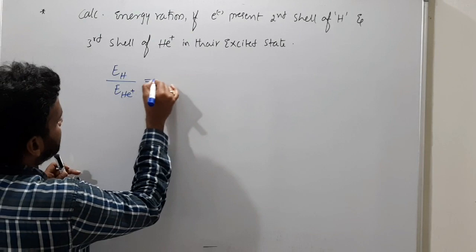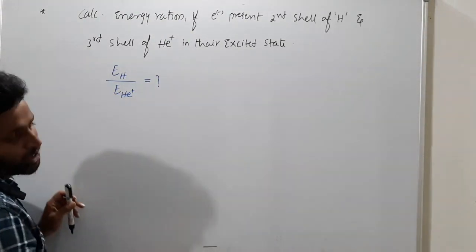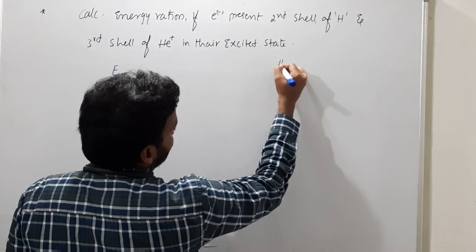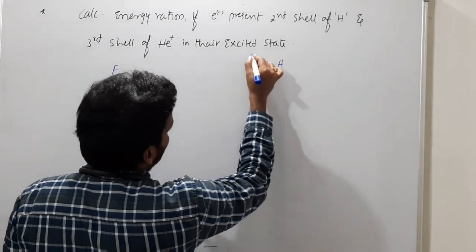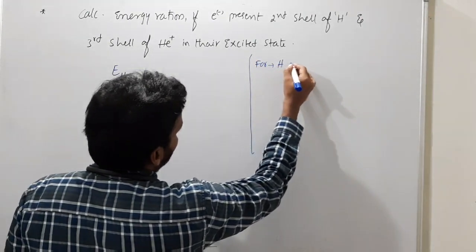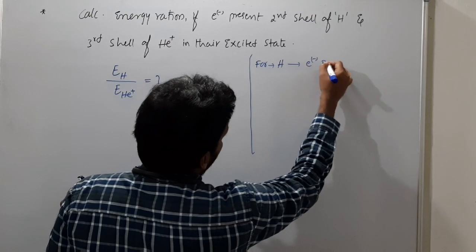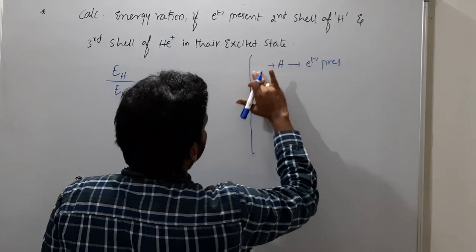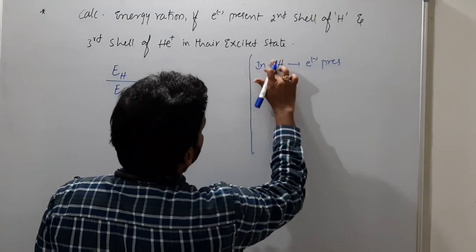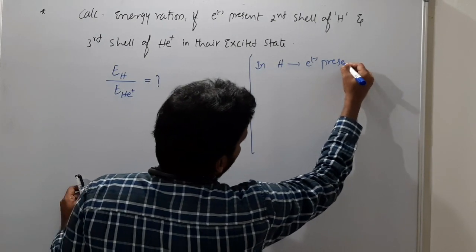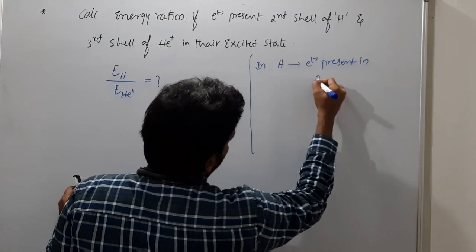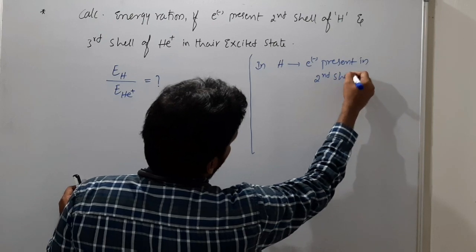Okay, so what are they asking? The energy ratio. So for hydrogen, where is the electron present? In hydrogen, the electron is present in the second shell.